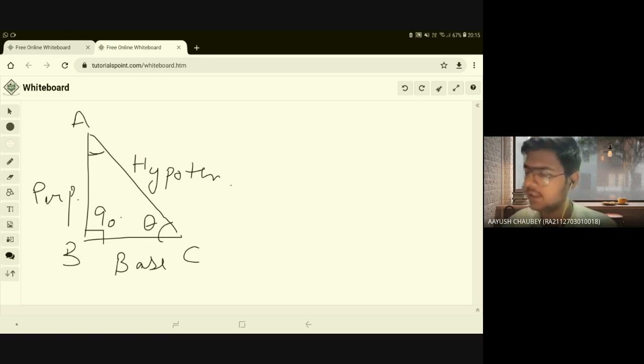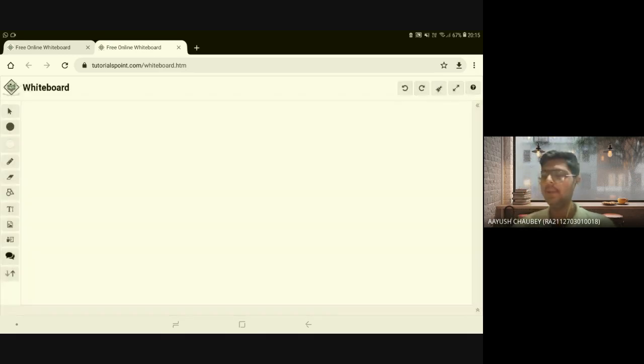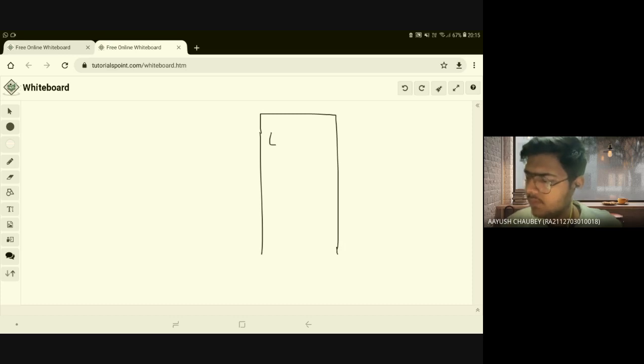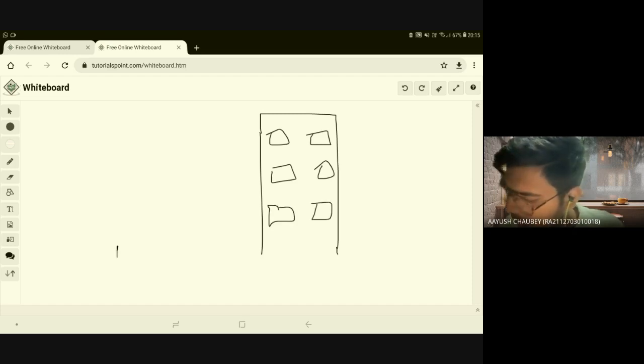So other than this, the main applications of trigonometry are used in our daily lives. Suppose there is a tall building and you are standing over here. This is the ground.